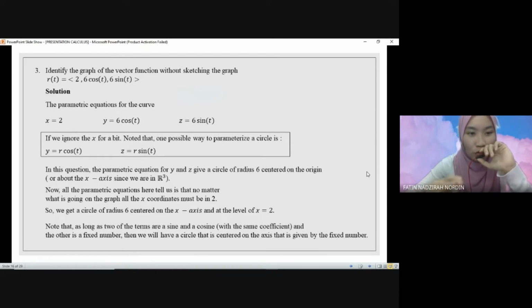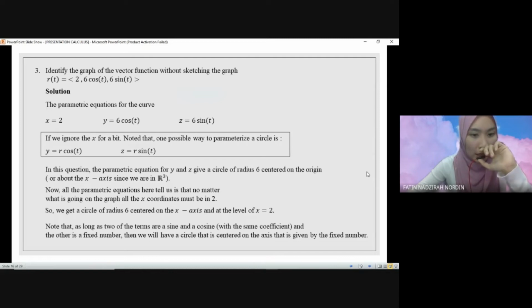Now all the parametric equations tell us is that no matter what is going on, the x coordinate must be 2, since x equal to 2. So we get a circle of radius 6 centered on the x-axis at the level of x equal to 2.